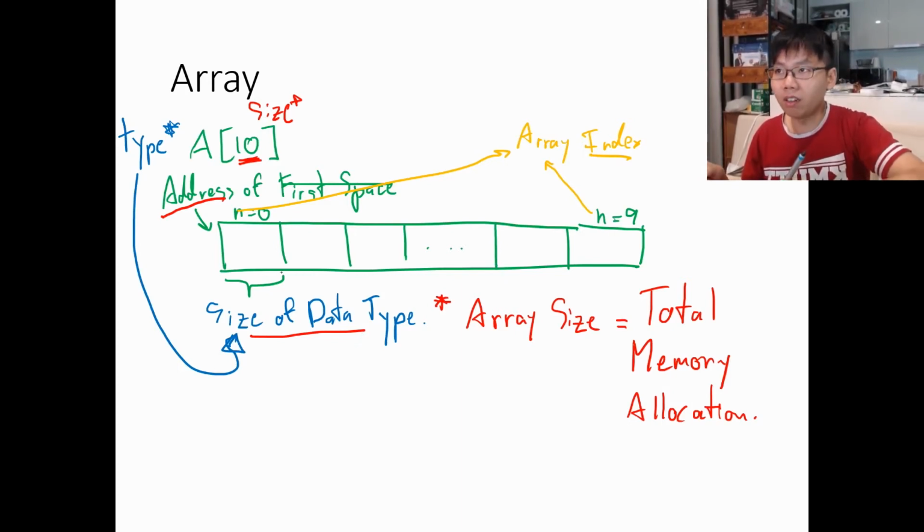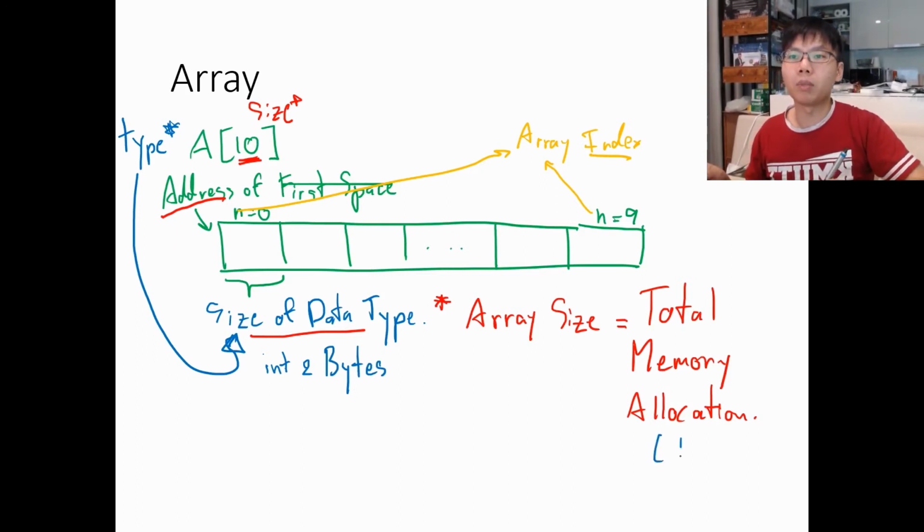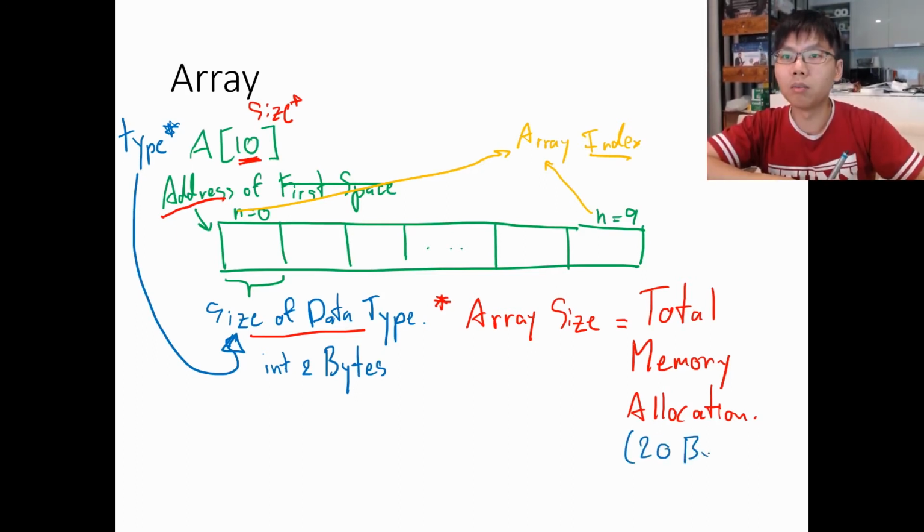Okay, if the integer is 2 bytes, and the size is 10, the total memory allocation should be 20 bytes in total.